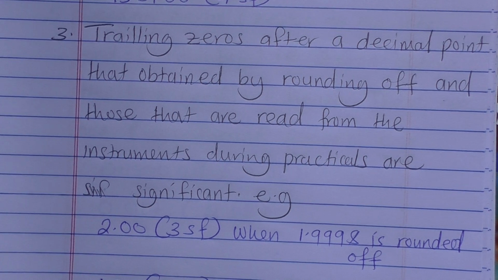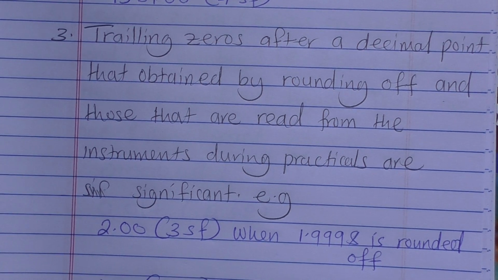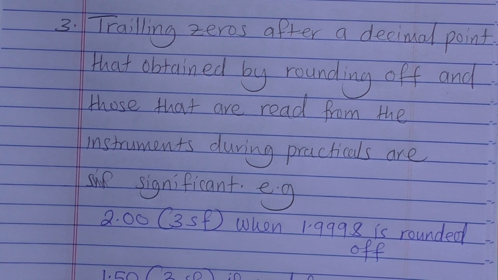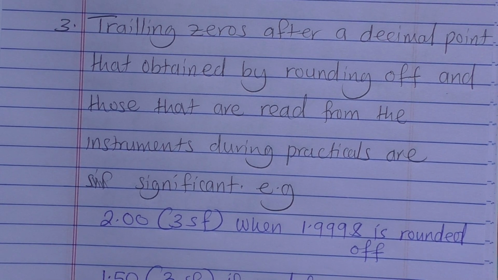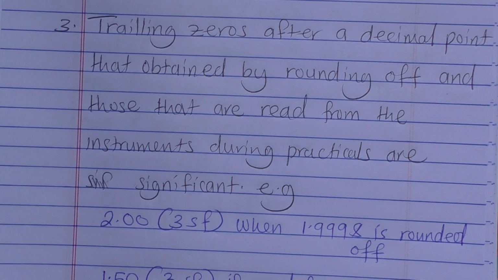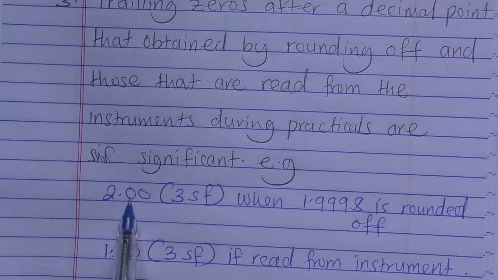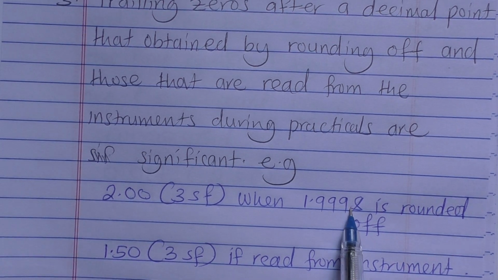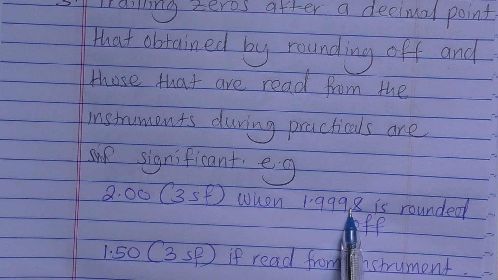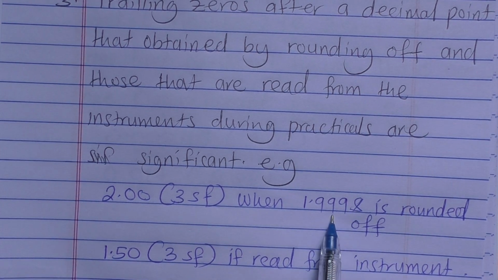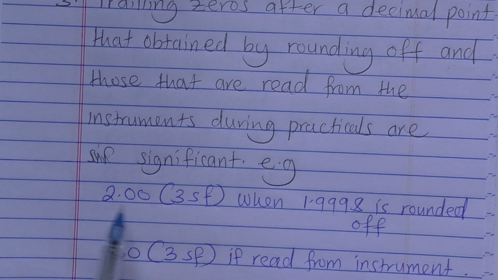For instance, we shall consider these 2 zeros significant after rounding off this to 3 significant figures.